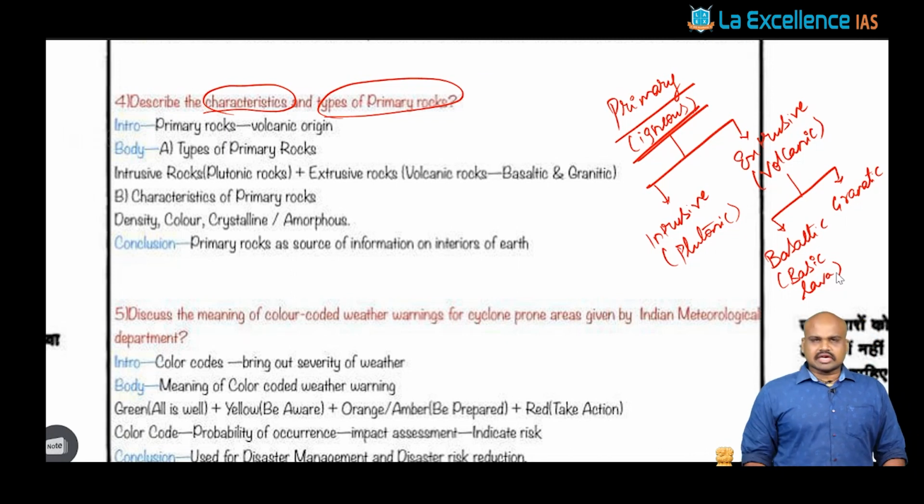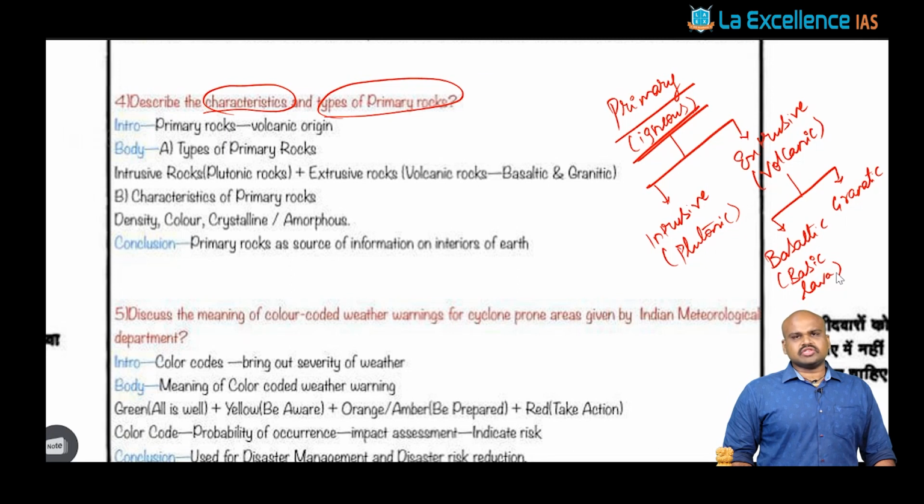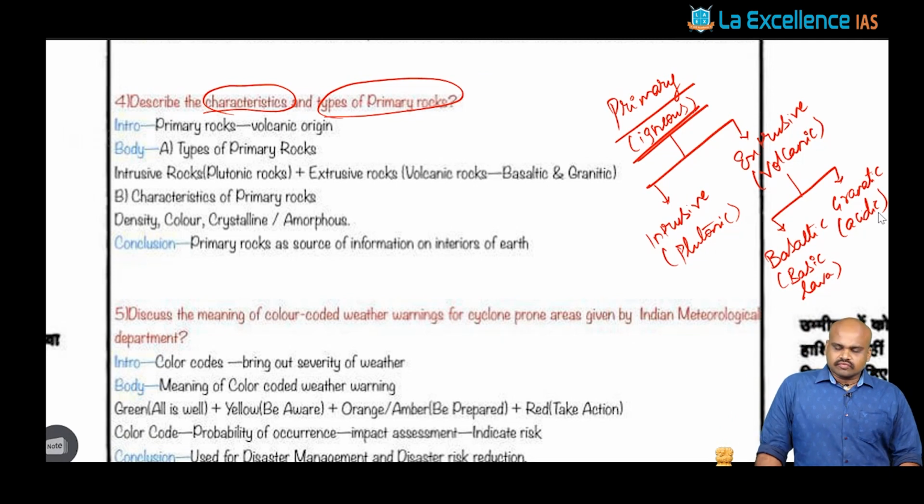Then moving on to the granitic formations, these are the result of acidic lava, and the corresponding feature of acidic lava is a greater extent of silicon composition with lower densities, right? Such an understanding can be given.